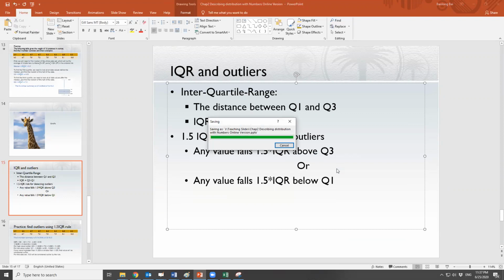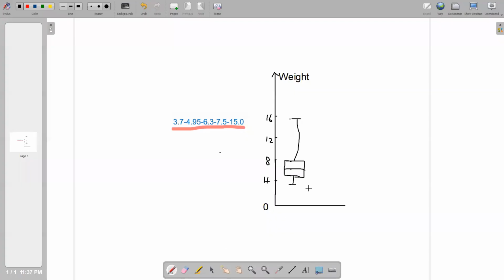It will be very easy to understand if you look at the box plot we just drew. I'm going to try to explain here. Between Q1 and Q3, this distance is the interquartile range, that's IQR.